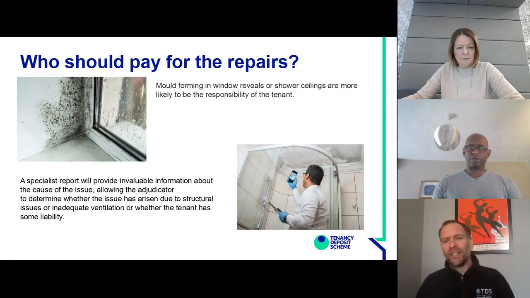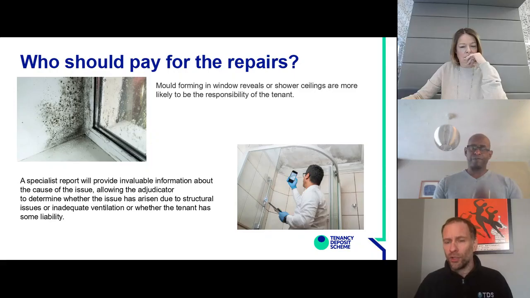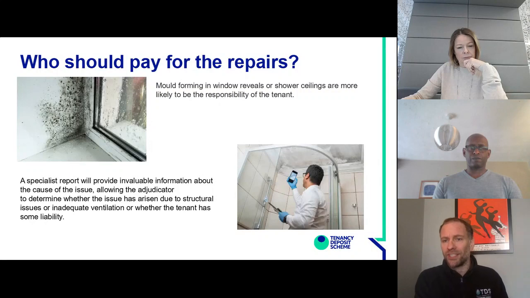But when we get to the really serious problems where we've got mold in other rooms, throughout the property, in hallways or in the corners of bedrooms and things like this, well, this might be indicative of other problems. And although there might not be an obvious cause, and we think back to Leonard's slide, we've got that 20% of the stuff that we might be able to see. 80% of it is stuff that we don't necessarily know about just by being in the property.